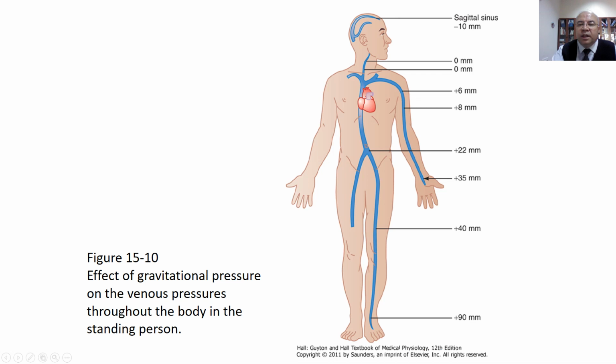As you see, the blood in the vein of the arm causes 35 mm mercury pressure in the hand, whereas it is 22 mm mercury in the abdominal vein, and it is 90 mm mercury in the veins of the dorsal side of the foot, so very high.